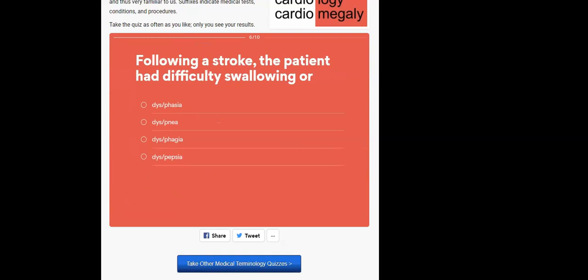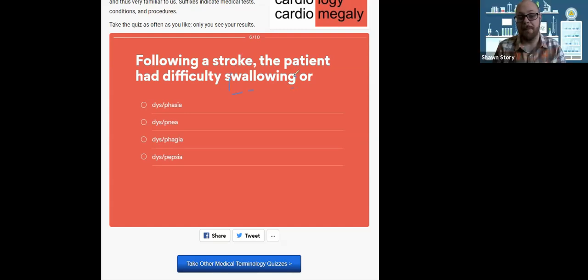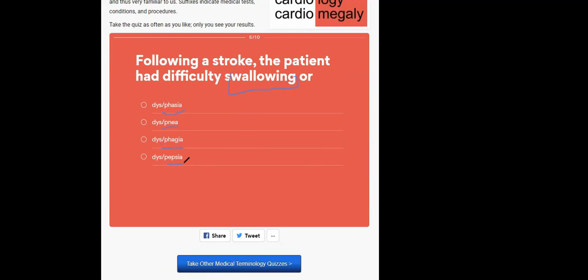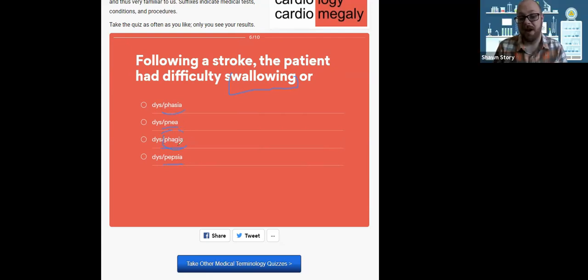Following a stroke, the patient had difficulty swallowing or... Oh, swallowing. So we're looking for a body part that has to do with our digestive system. Phagia, dysphagia. Dysphagia, very good, because it's like our pharynx, right?